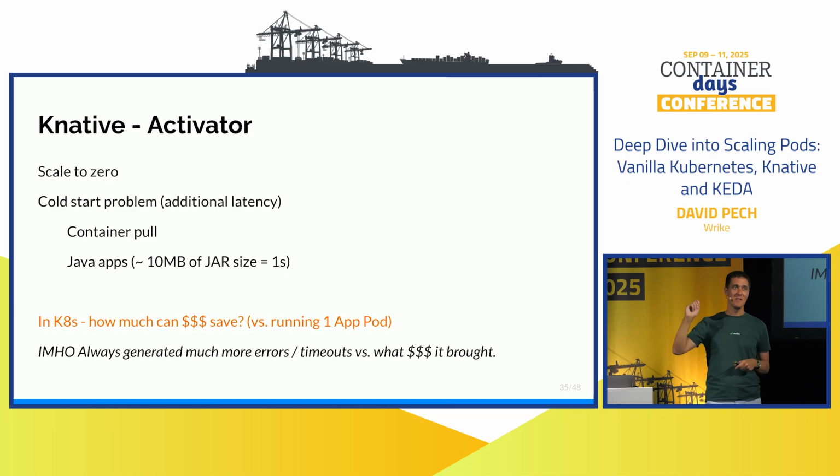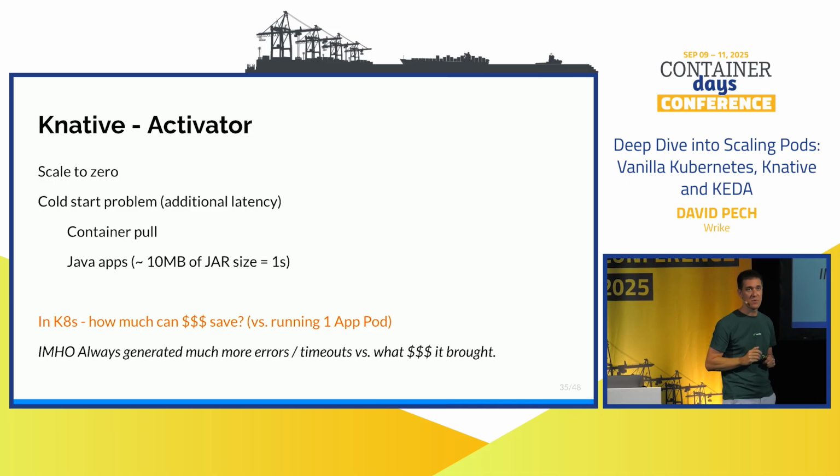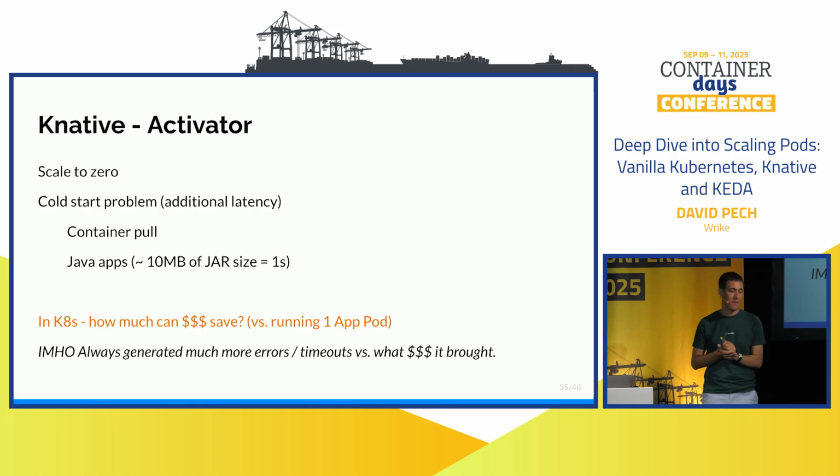The activator component, maybe just an emphasis on that scale to 0 function, is something that can basically cache your request and wait for the cold start of the application. The cold start typically has 2 components, image pull, and then you need to run the application. So for example, if you would like to boot a Java application that has 90 megabytes, it takes 9 seconds on a modern CPU, I would say something in this direction.